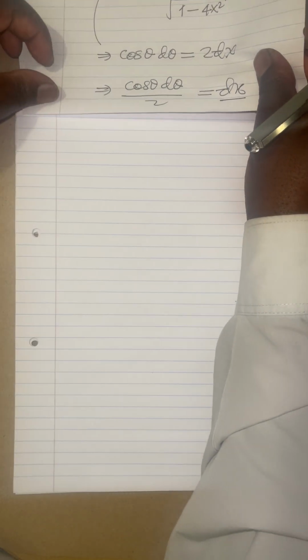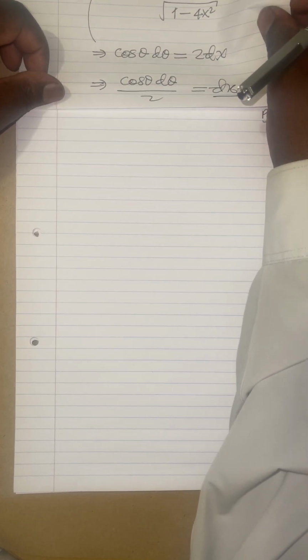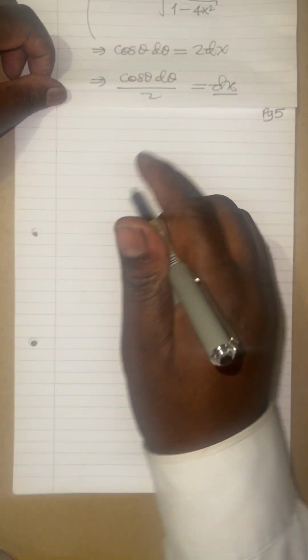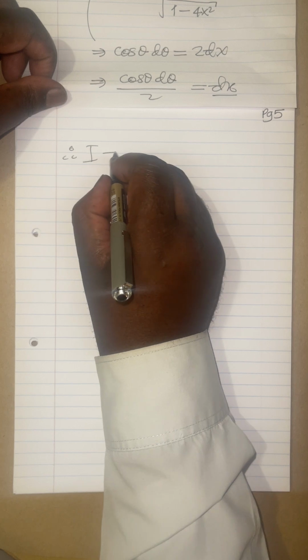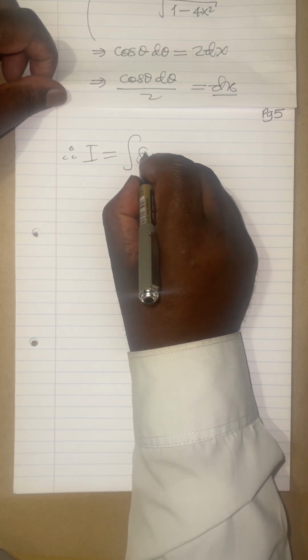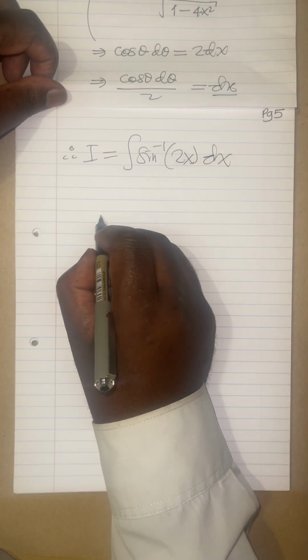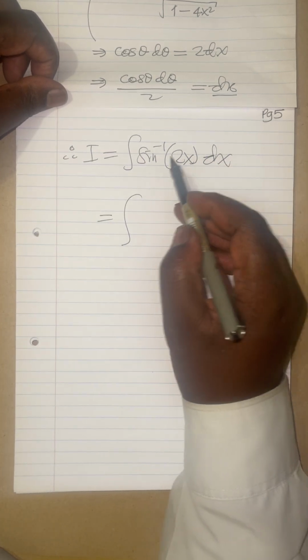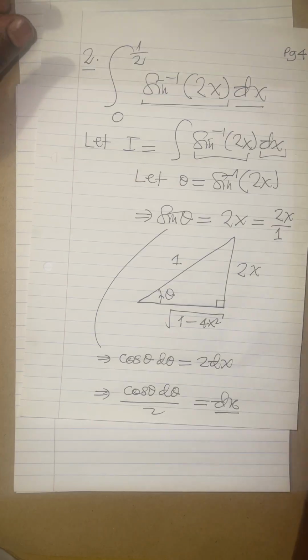So we're basically saying our integral I, which is the integral of sine inverse of 2x dx, must change to, watch this, integral. Where there is this, I'm going to put theta, because that's my theta right there.